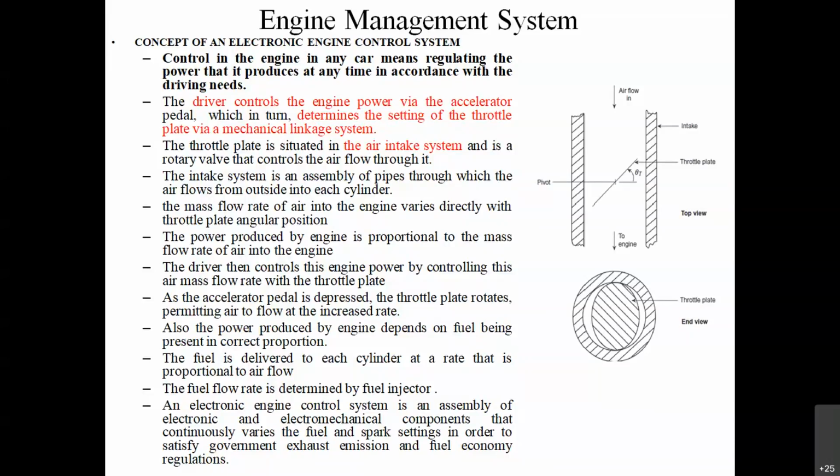Once this has been done, there is another control system known as timing control, which will decide the spark settings for the corresponding cylinders.